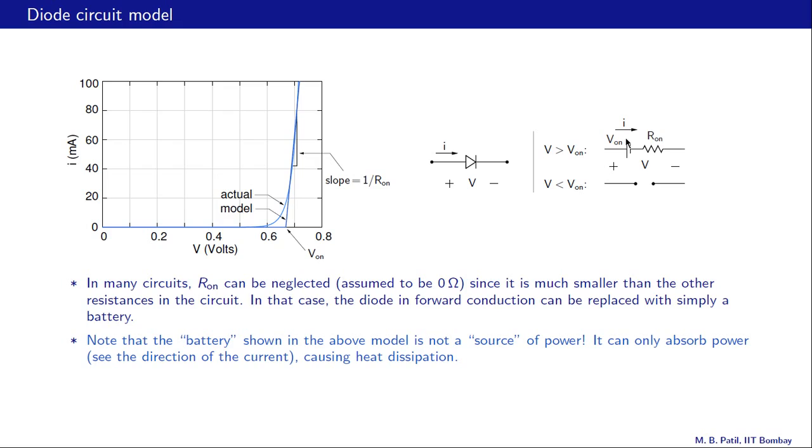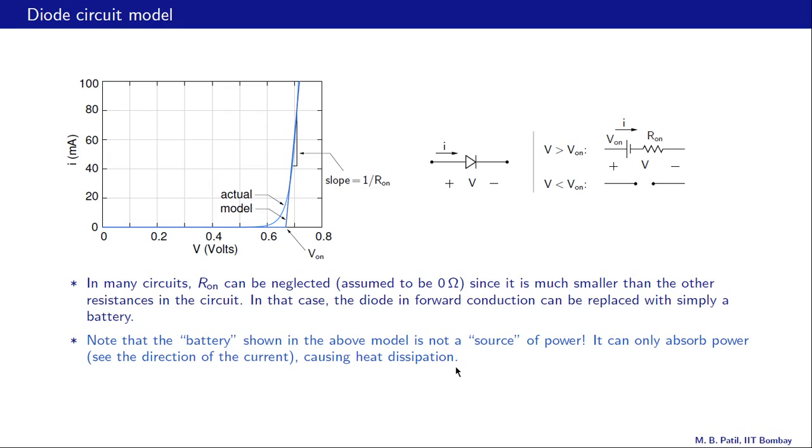Now V on times I can only be positive because we know that the diode can only conduct in that direction, and therefore this diode as a device can only absorb power, not deliver power. And where does the power absorbed by the diode go? It goes as heat dissipation, and if it is very large, then of course we need to provide a heat sink, otherwise the diode will heat up too much and burn out.